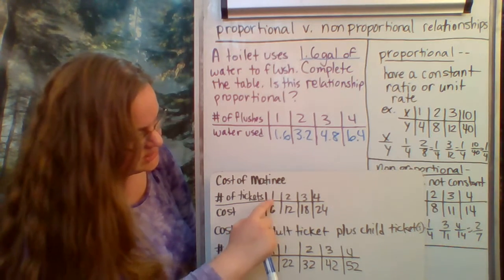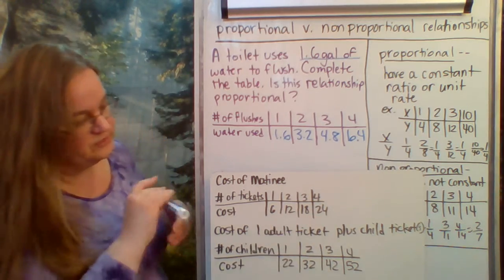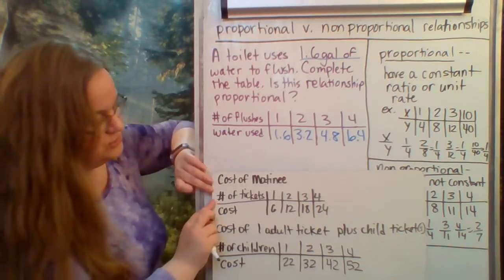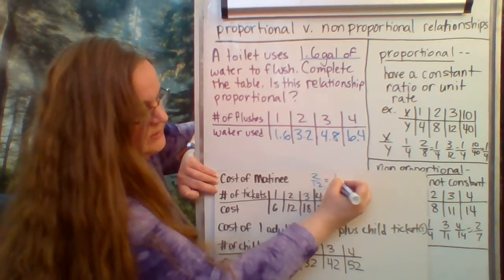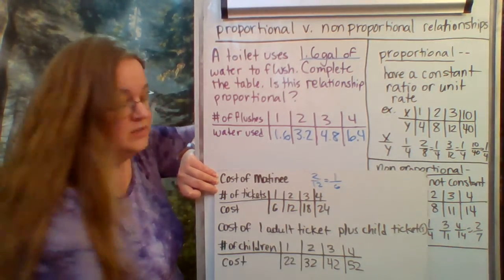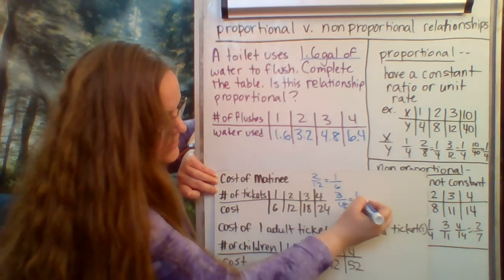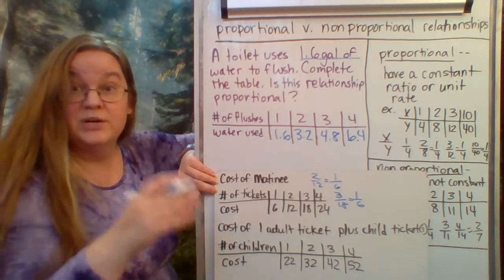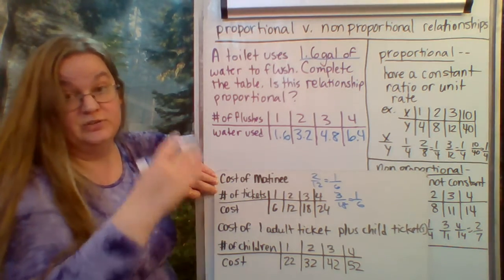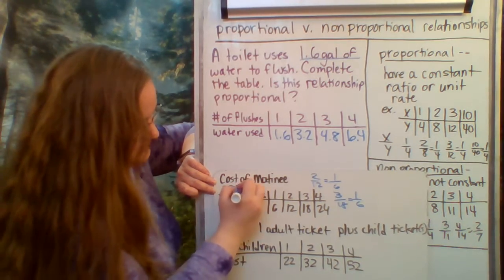So when you look at the cost of a matinee, it's 1 to 6, 2 to 12, 3 to 18, 4 to 24. If I were to simplify 2/12, that's the same as 1/6. If I simplify 3/18, again, that's the same as 1/6, and the same for 4/24. It's all the same ratio. Since it's a constant ratio, this one is in fact proportional.